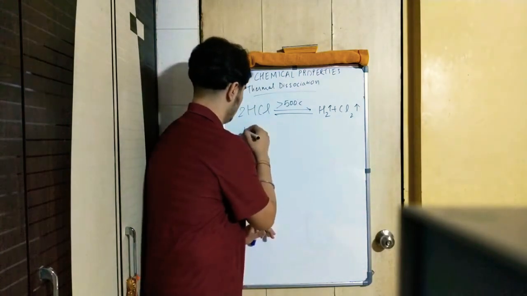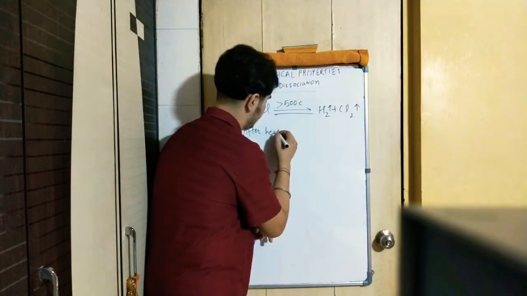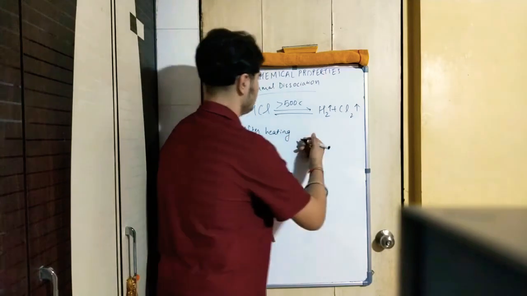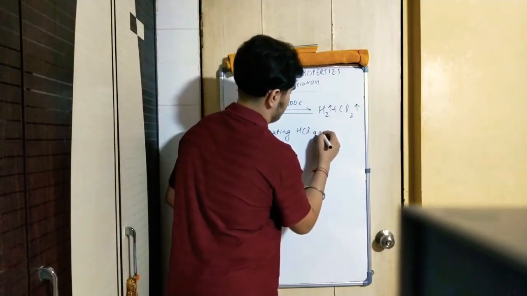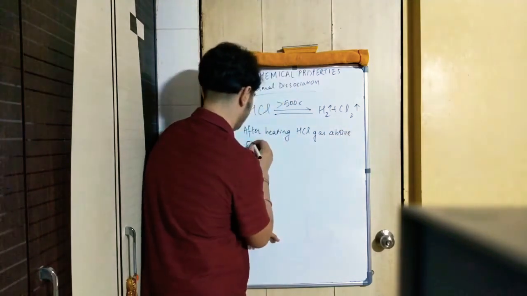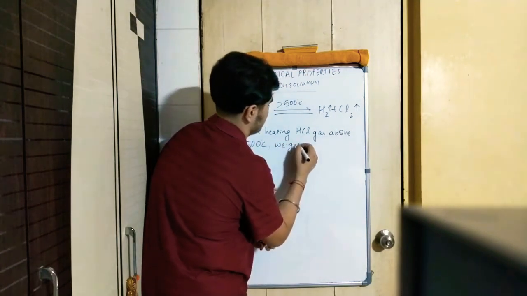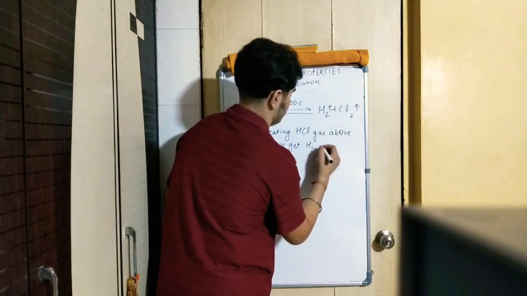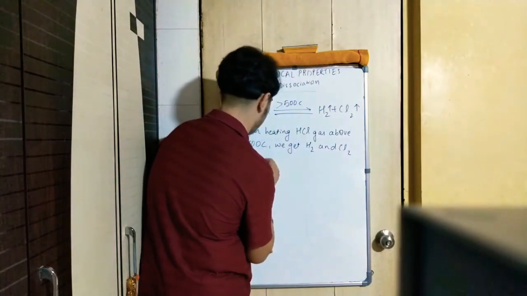So after heating HCl gas above 500 degrees Celsius, we get H2 and Cl2 separately.